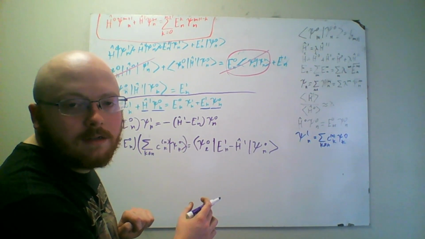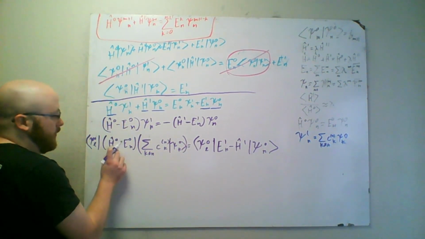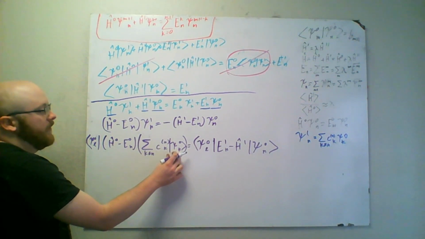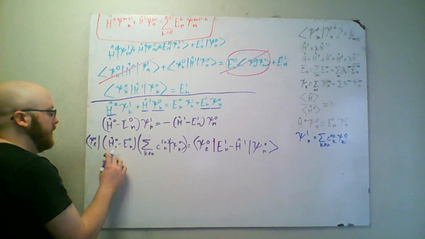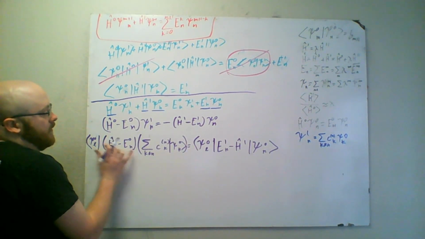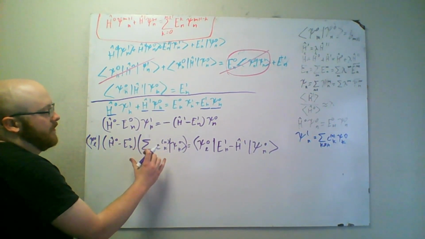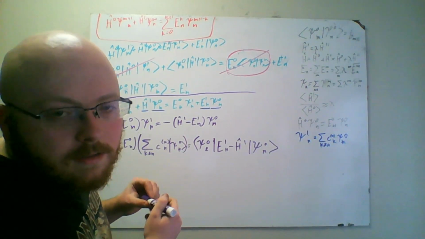Okay, let's do this. So you apply this guy to this guy, right? And you end up getting E0k. So what this gets us is the L. Oh, okay.